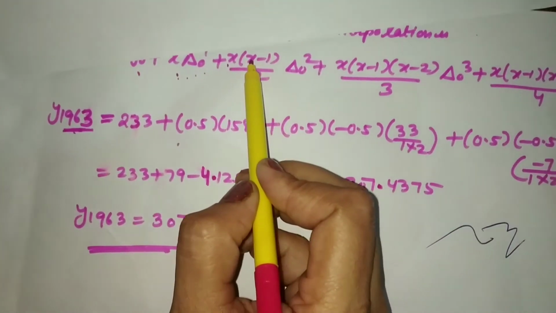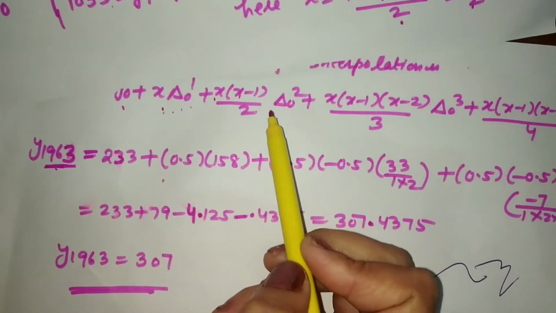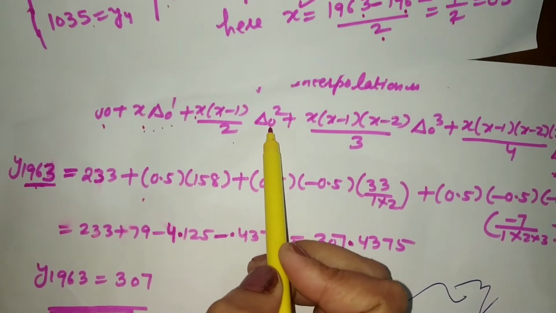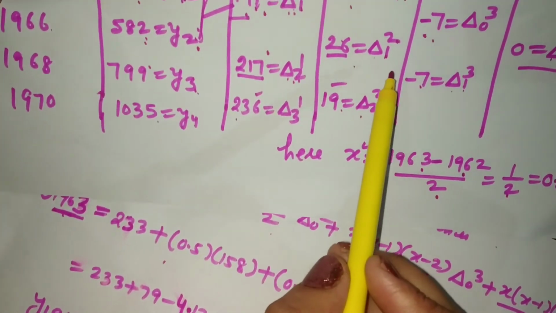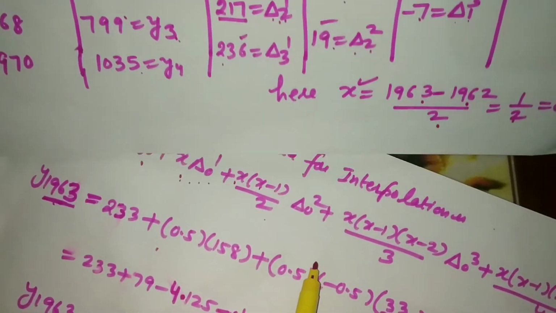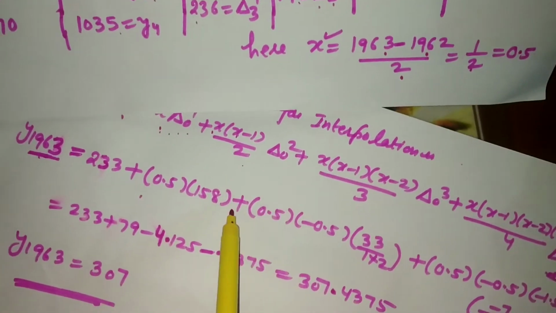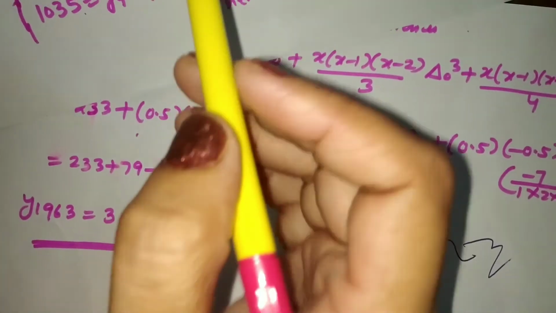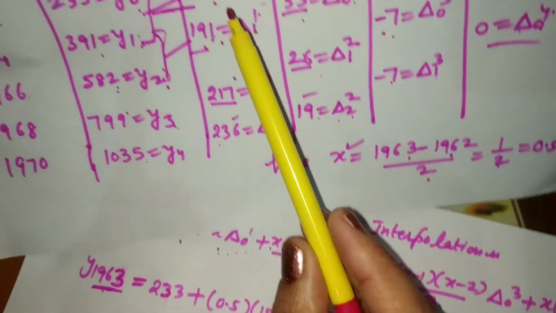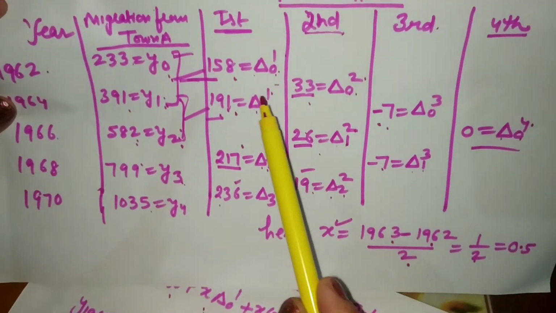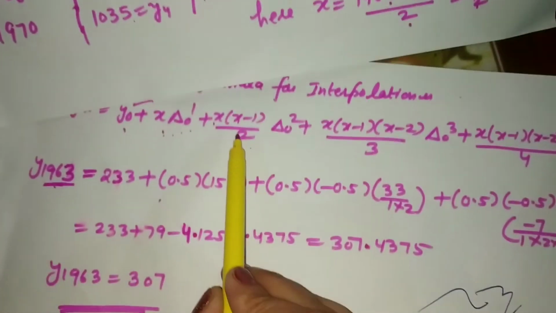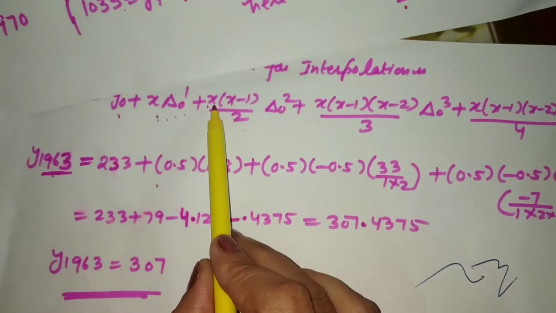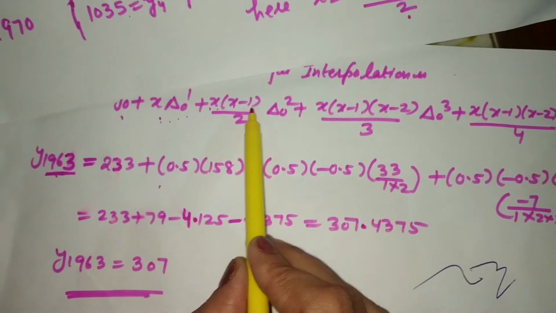Then 0.5 into (0.5 minus 1) by 2, then Δ0², and the first difference Δ0¹ is 158.